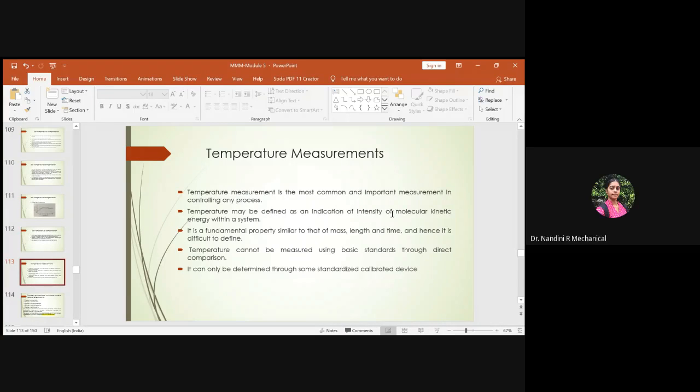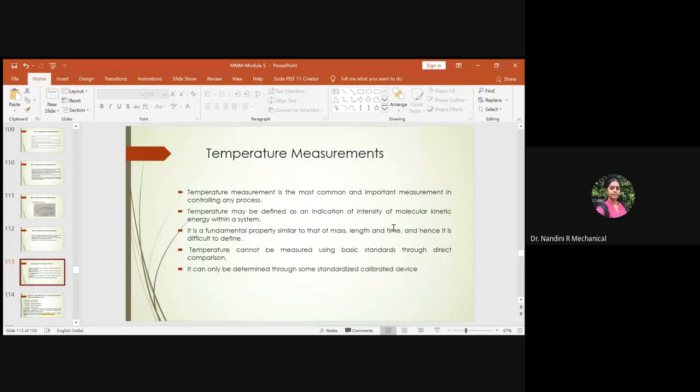So, in actual, the definition of temperature is nothing but the indication of the intensity of the molecular kinetic energy associated within a system. Like, you know what we mean by mass, length, time, etc., right?